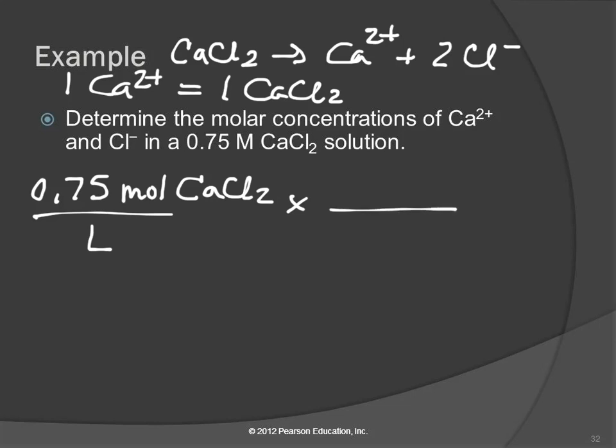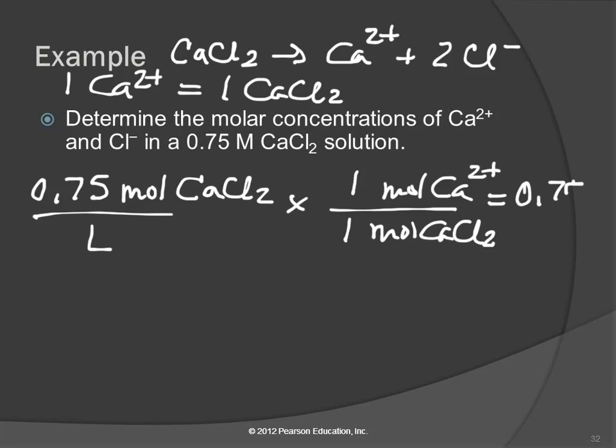You might think it's kind of silly, and it is, but it's okay. It's good to be silly occasionally. There's 1 mole of calcium for every 1 mole of calcium chloride. Now that's some easy math, right? 0.75 molar calcium ion. It's the same.